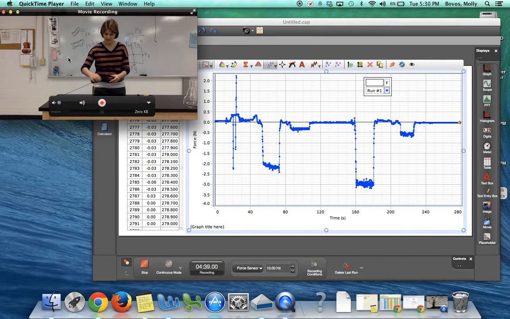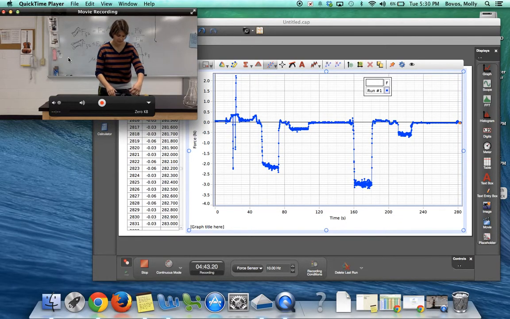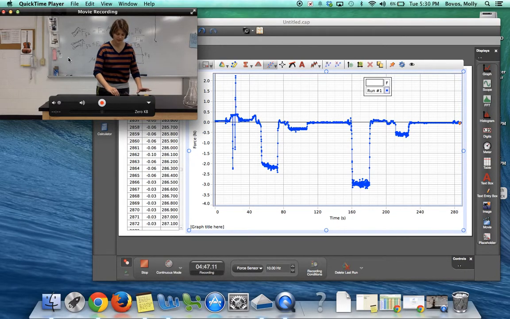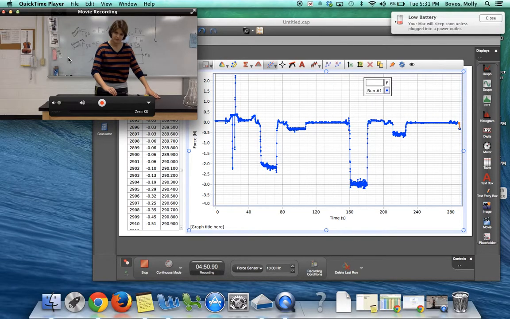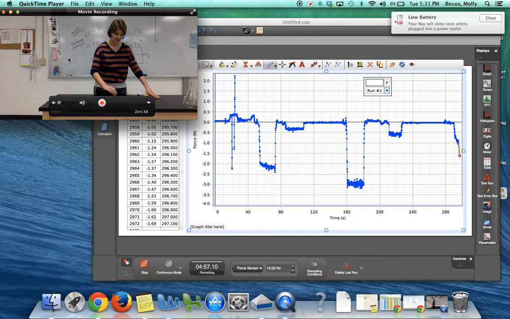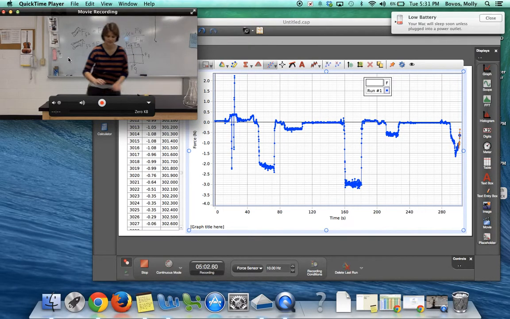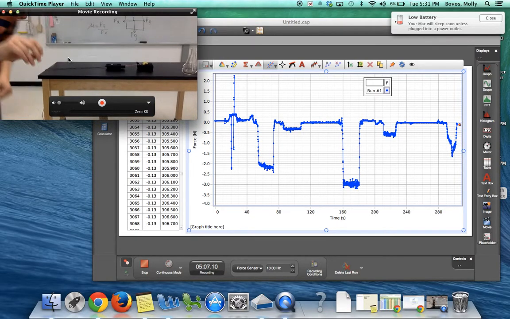So when I get ready to start pulling on this object, what you'll see is that at first, if I'm not applying any force, you don't see any change, and then I start pulling a little bit, and you guys can see that the force is dropping down, right? And I'm pulling harder and harder, and this tape dispenser is not moving yet. Well, you can't see it because I need to tilt the thing back down. Okay.